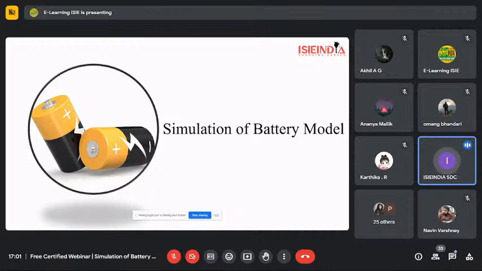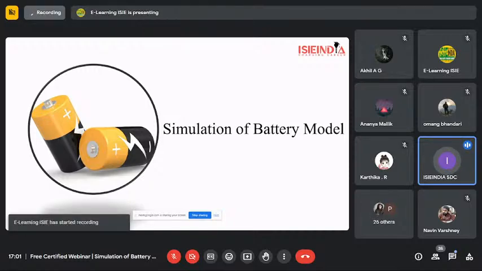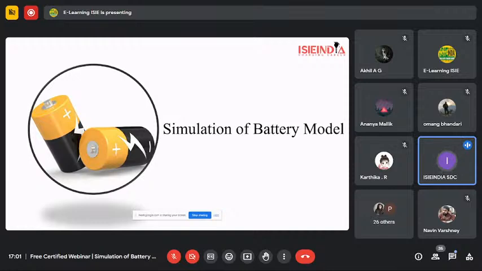We have batteries of different chemistries, either lead acid, NMC, or lithium ion. Lithium ion batteries are the most promising in the EV industry because of high power density, and their life cycles are also much higher compared to other battery chemistries.